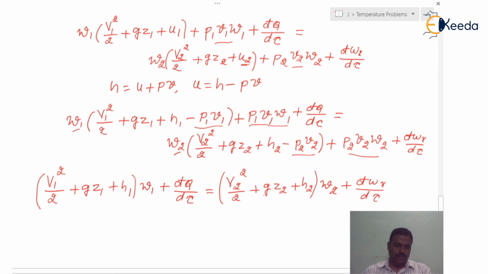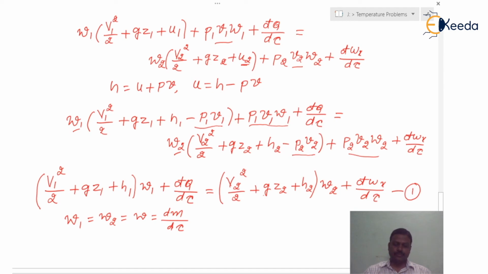Now the mass flow rate at inlet is equal to the mass flow rate at exit, that is equal to W, so that can be written as W1 equal to W2 equal to W, that is actually equal to dm divided by d tau. Let us give this equation the number equation 1.